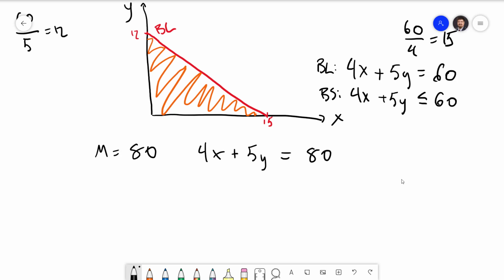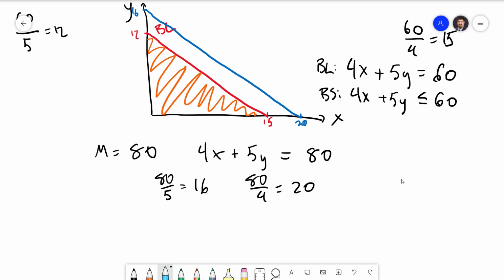Now how will this affect our budget set? We can draw the new budget line by getting the new intercepts. So the Y-intercept will be 80 over 5, which is 16. X-intercept will be 80 over 4, which is 20. I'll mark that out here, 20 and 16. Draw that in.